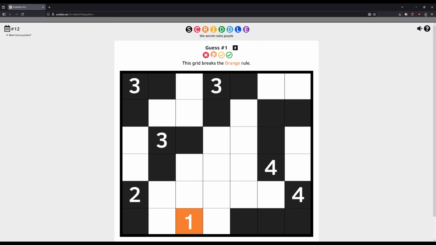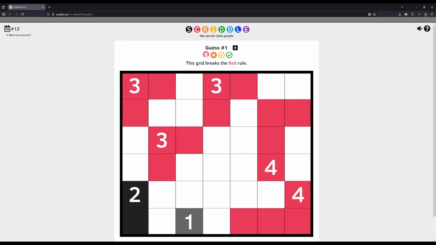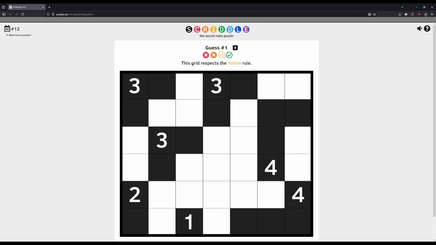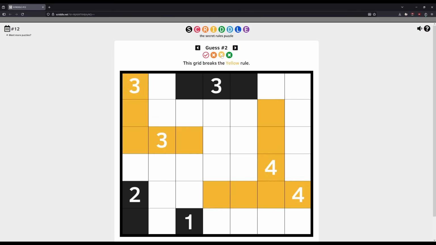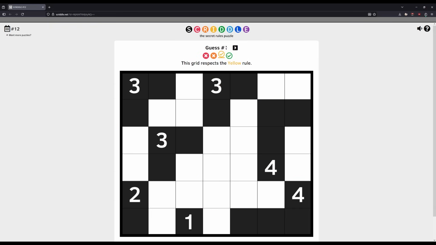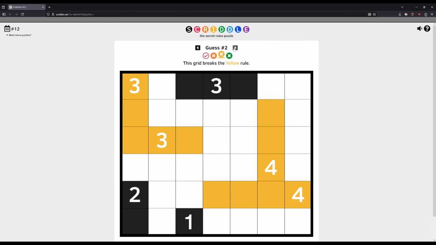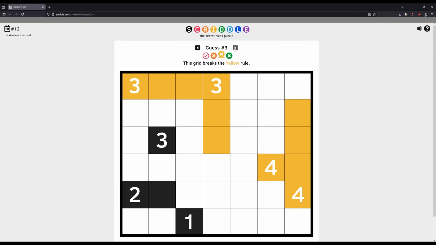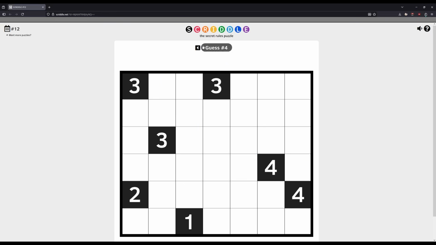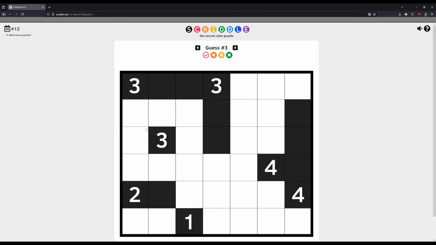Interestingly, I don't think any of the rule breaks so far have referred to the white space. I wonder what the other rule is. Why did this satisfy it? I think I know what it is.